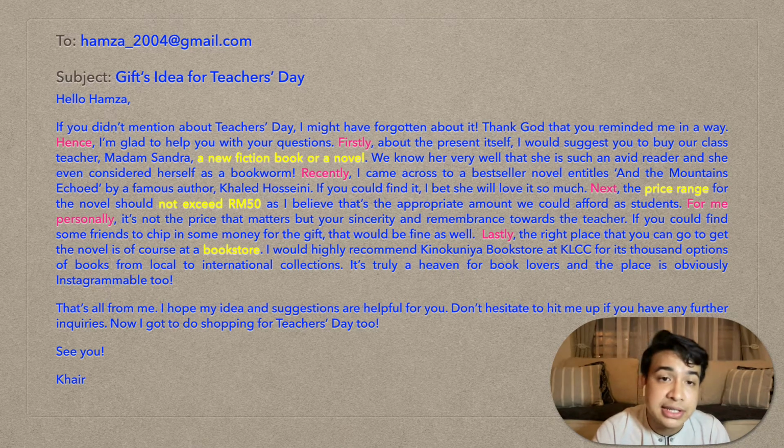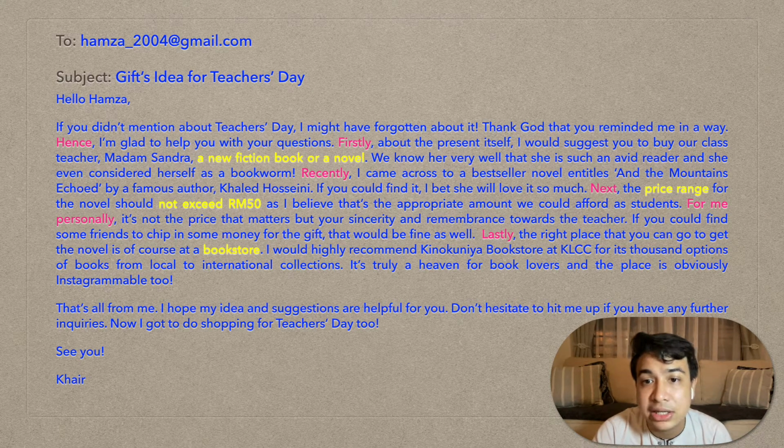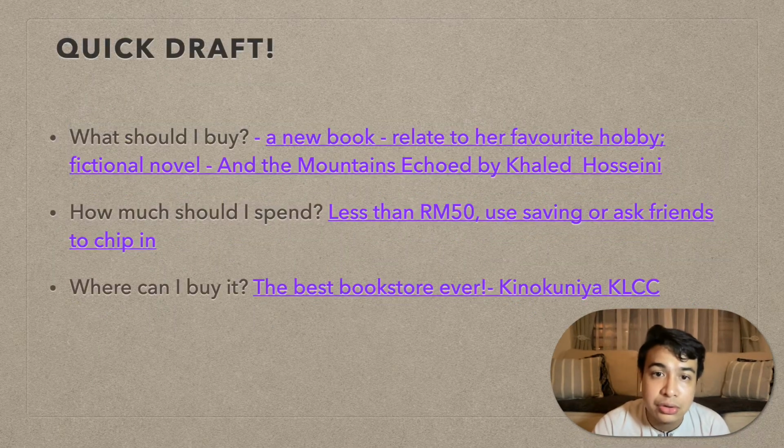And she even considers herself a bookworm, so you got books. And this is the elaboration, and here comes the example. Recently, I came across a bestseller novel entitled "And the Mountains Echoed" by a famous author, Khaled Hosseini. If you could find it, I bet she will love it so much. So this is the example, like what we wrote earlier.